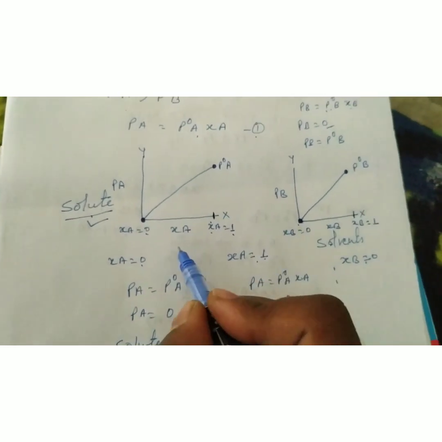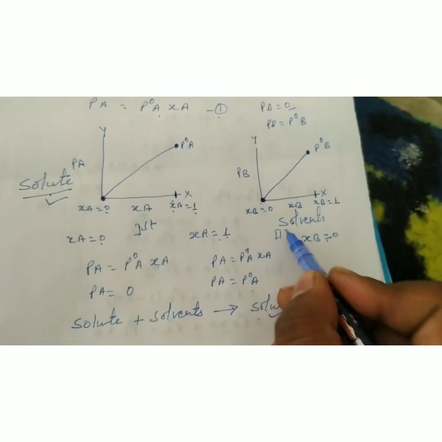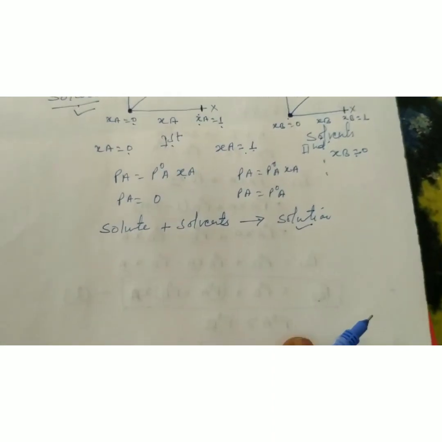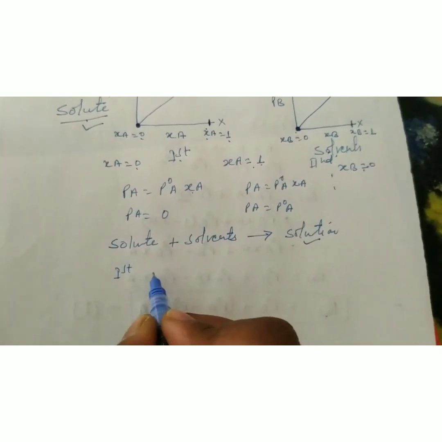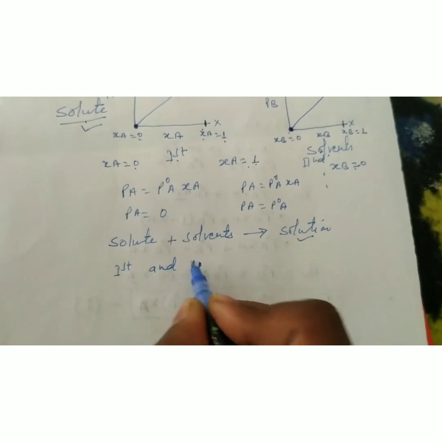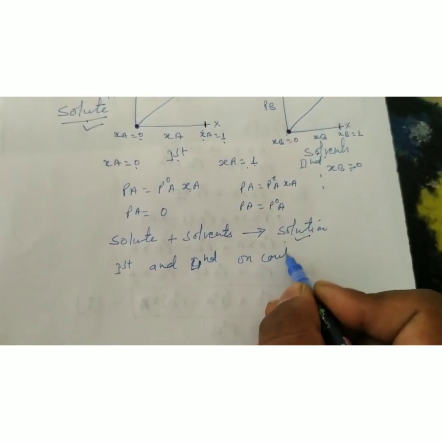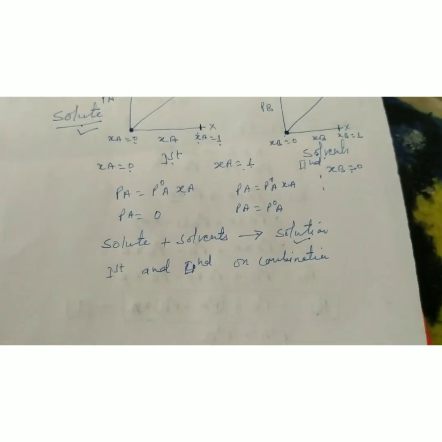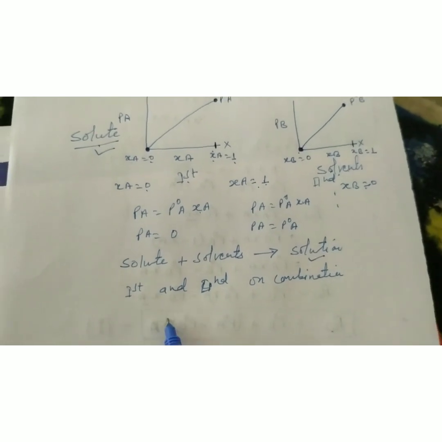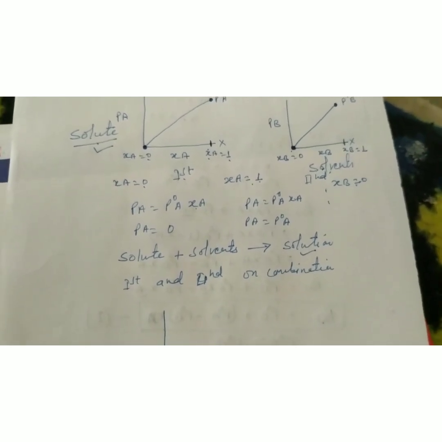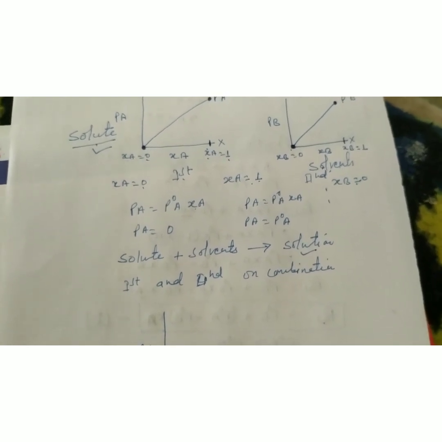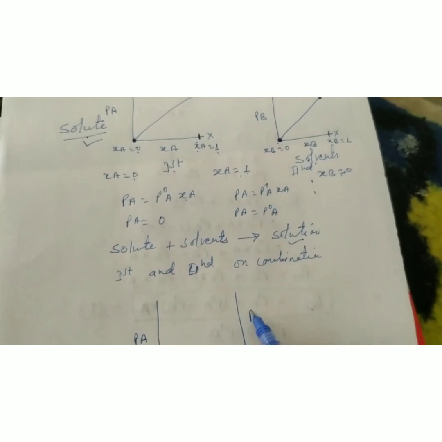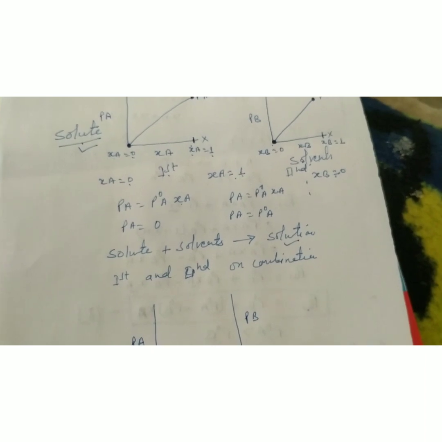We are now going to represent volatile solutions, by combining graph first and graph second. If you combine these graphs, this is the x-axis and y-axis; this will be PA, this is XA, and this is PB, this is XB.